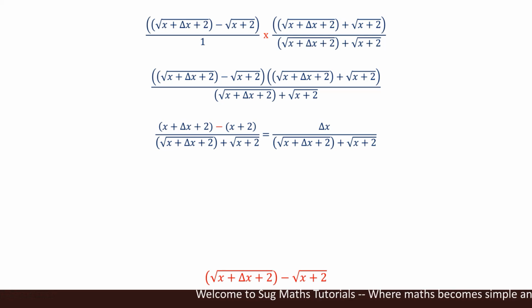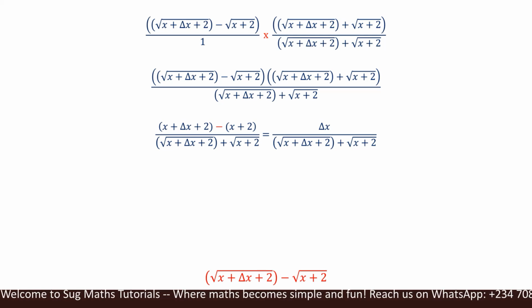And we put this in bracket, right? So when we open the bracket, we're going to have x plus change in x plus 2 minus x plus 2 in bracket. When we remove the bracket, we're going to have minus x minus 2. Now, when we simplify it, we see that x minus x will go, and 2 minus 2 will go. So we are going to have just change in x remaining in the numerator.